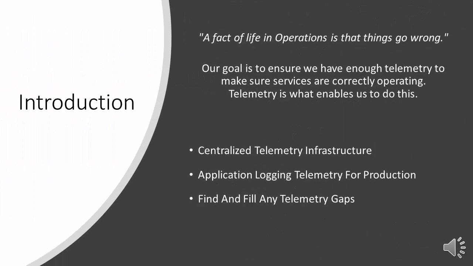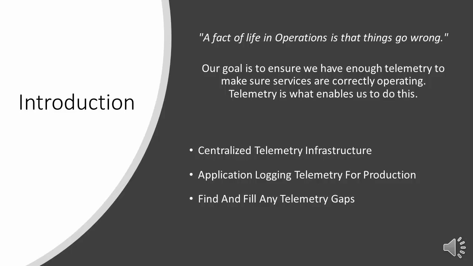A fact of life in operations is that things go wrong. Small changes may result in many unexpected outcomes, including outages and global failures that impact all our customers. Our goal is to ensure that we always have enough telemetry so that we can confirm that our services are correctly operating in production.